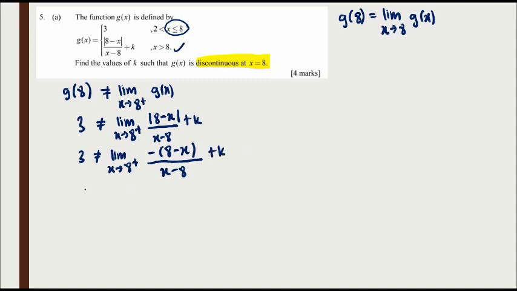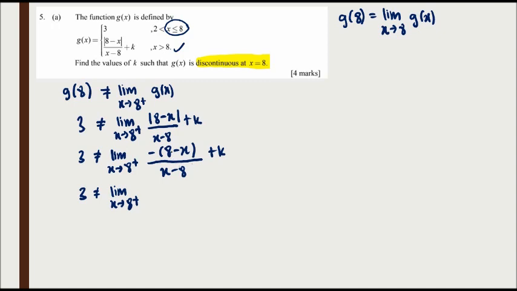So the next line is 3 is not equal to, if we rearrange this value and double check, we factor out negative and simplify so this will become 1 plus k.